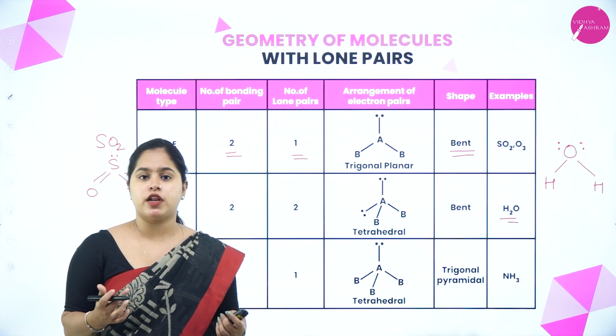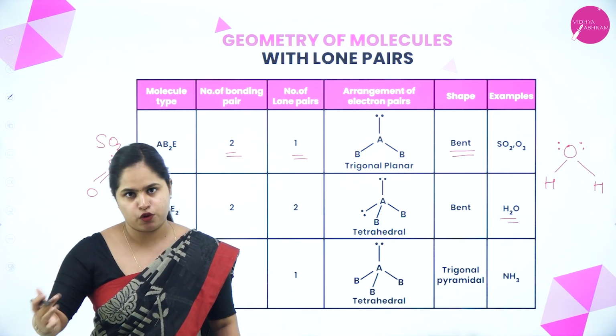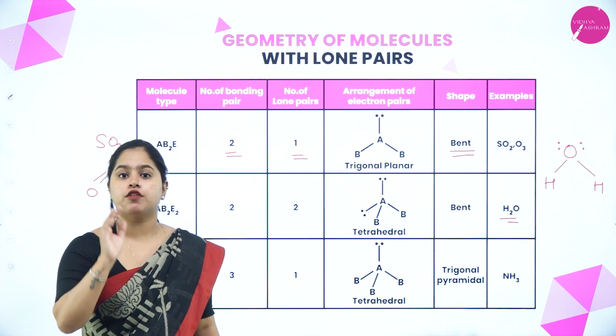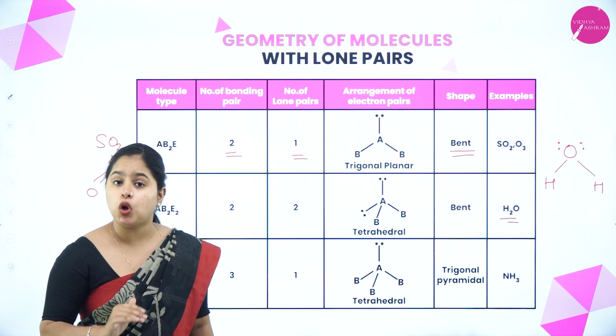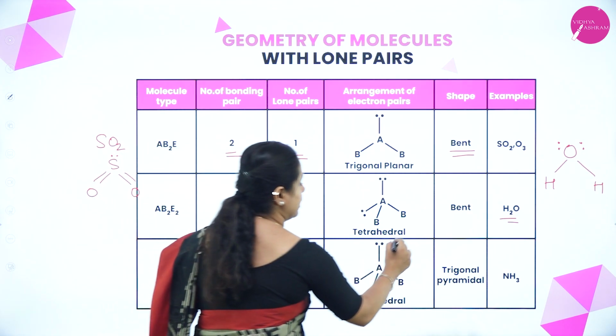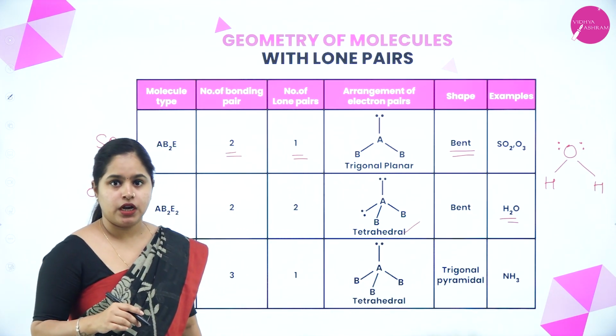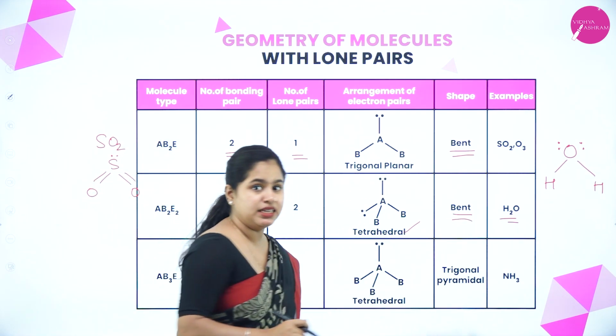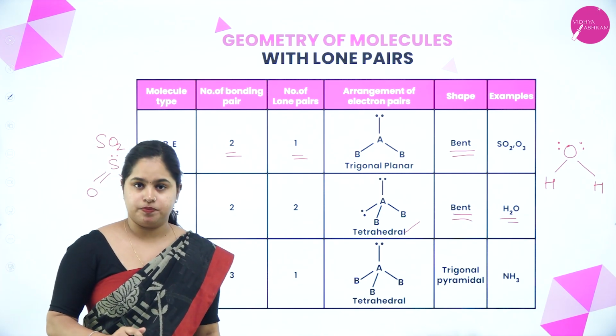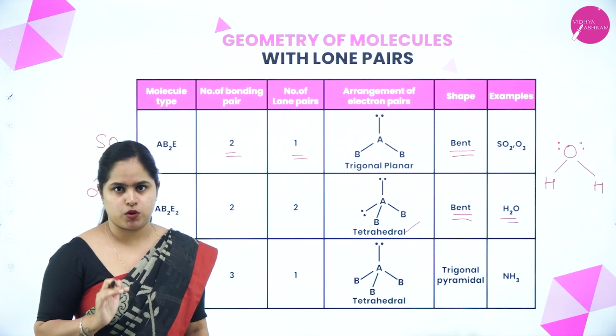So the total number of electron pairs is 2 plus 2, that is 4. We studied that if the total number of valence electron pairs is 4, the geometry must be tetrahedral. It must be tetrahedral, but the shape is bent, and not tetrahedral, because lone pairs are also present.